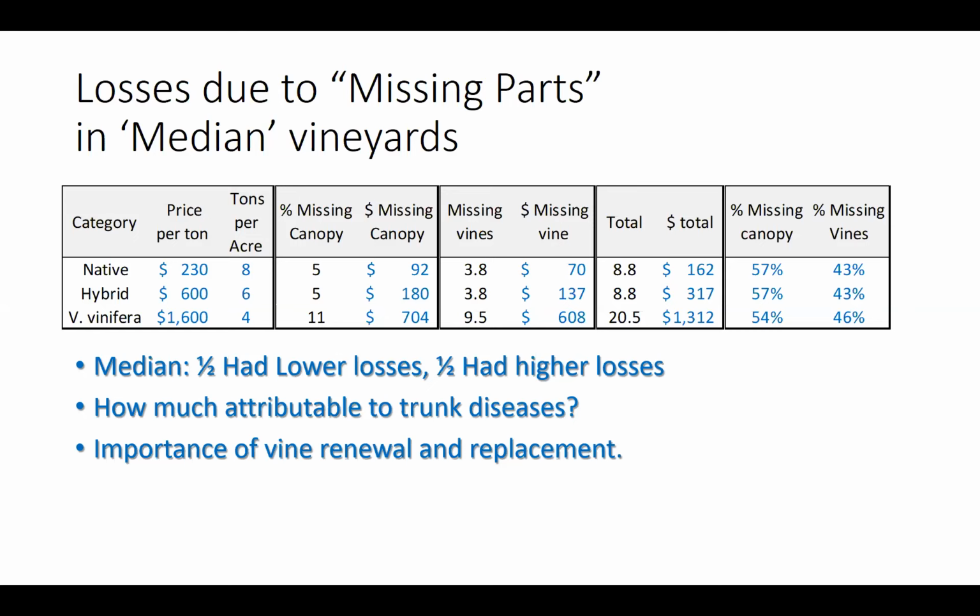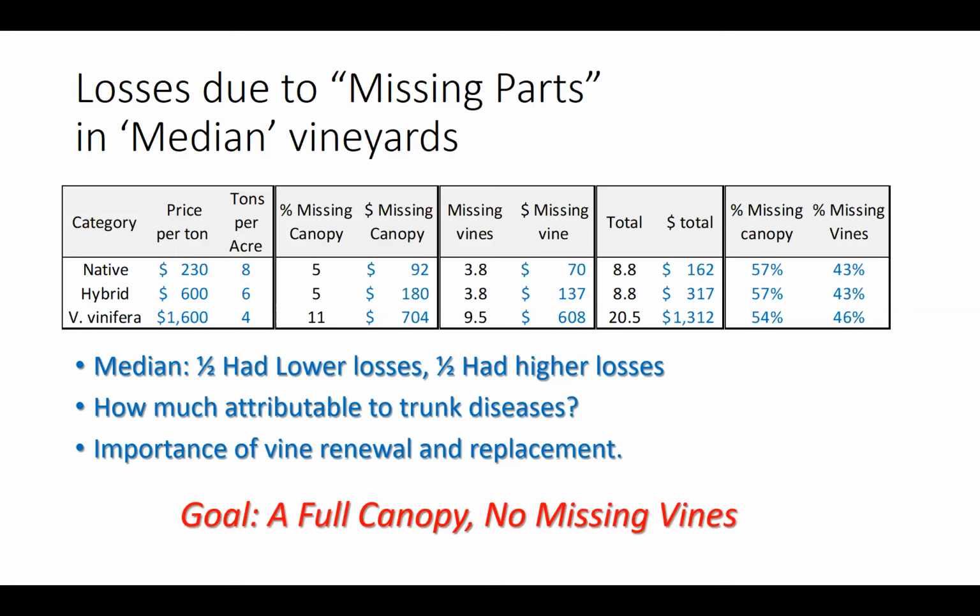So while we pay a lot of attention to foliar diseases and put a lot of money into controlling those because they can be so potentially devastating, this is kind of a more quiet sort of loss that accumulates over years if you don't keep up with it.